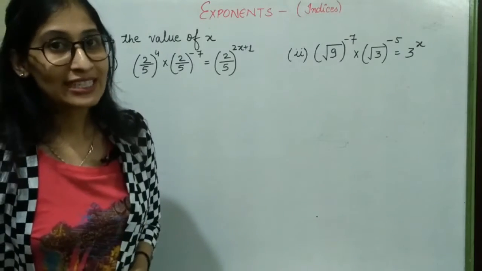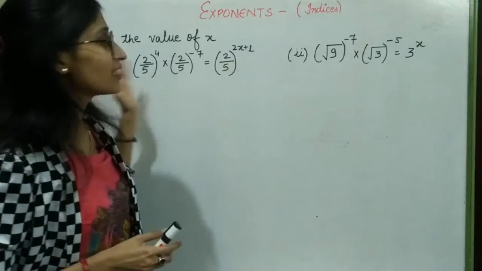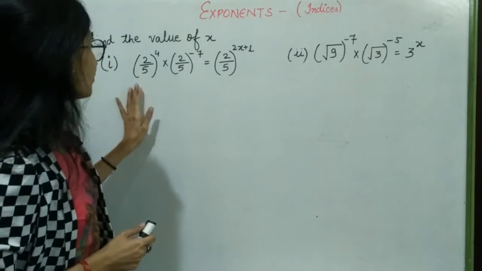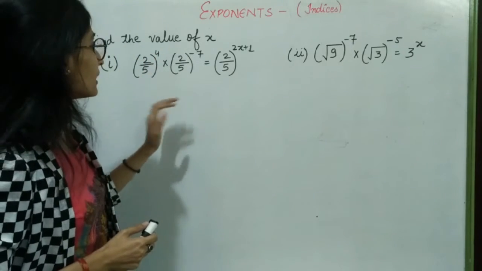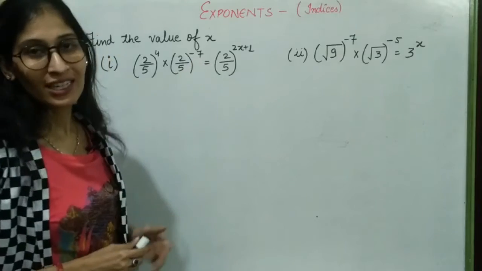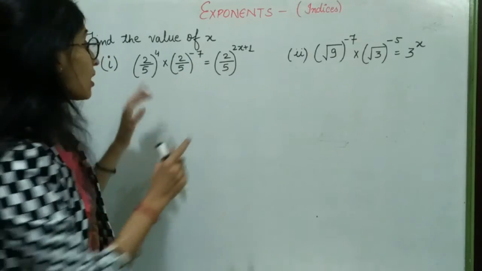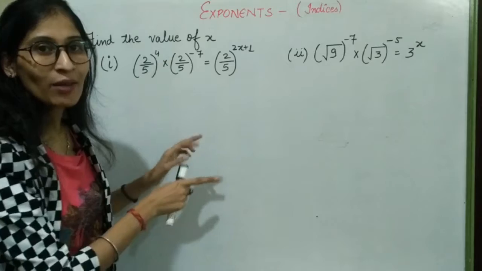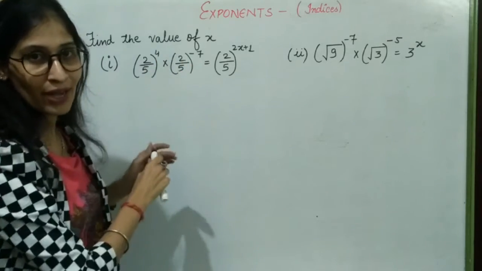So my next question is, I have to find the value of x. Here it is 2 upon 5 raised to power 4 multiplied by 2 upon 5 raised to power minus 7. Base is same, sign is of multiply, so I am going to add the powers.